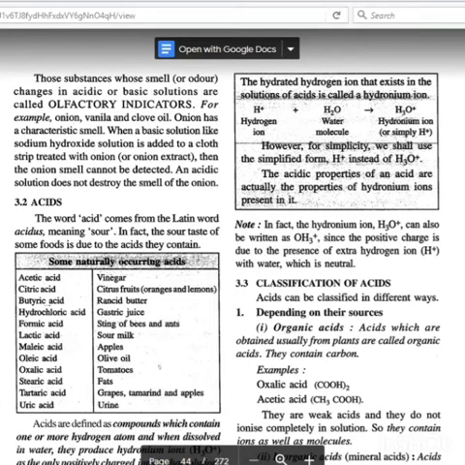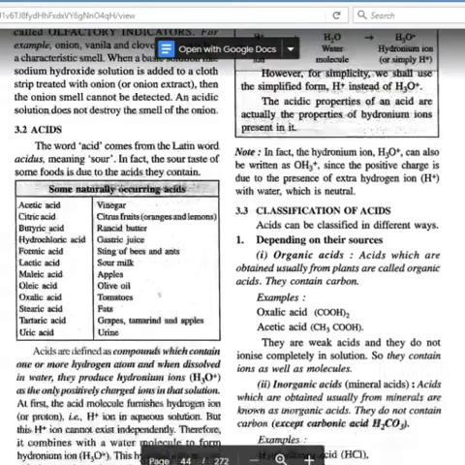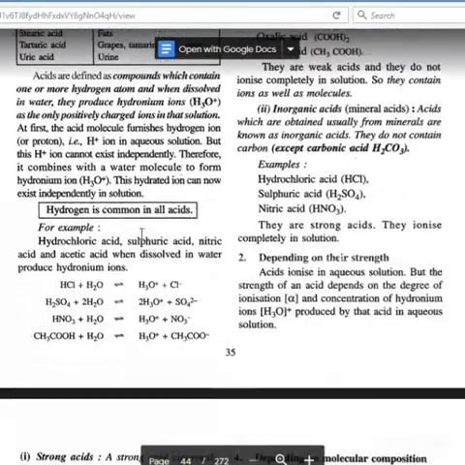For acids, if we study chemically, one thing we have to study is the H+ ion. At the starting I told you that the hydrogen ion is present in all the acids. If hydrogen ions are present, then what is the purpose of the hydronium ion?